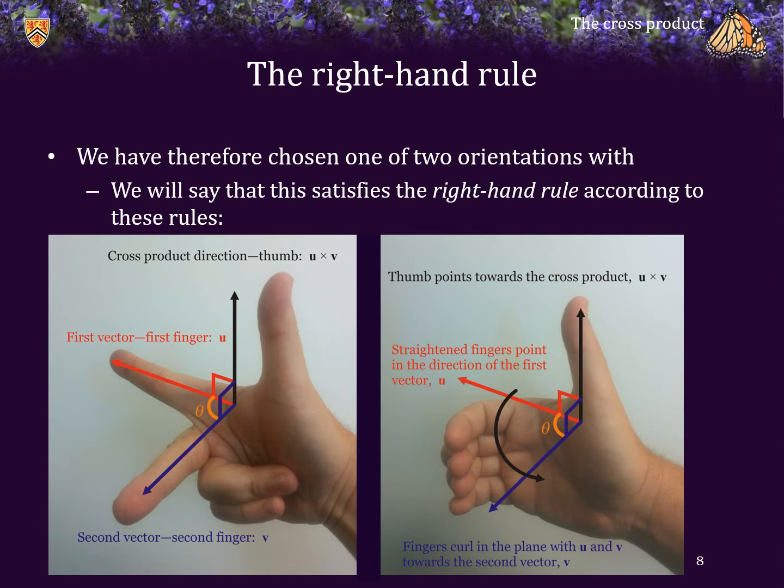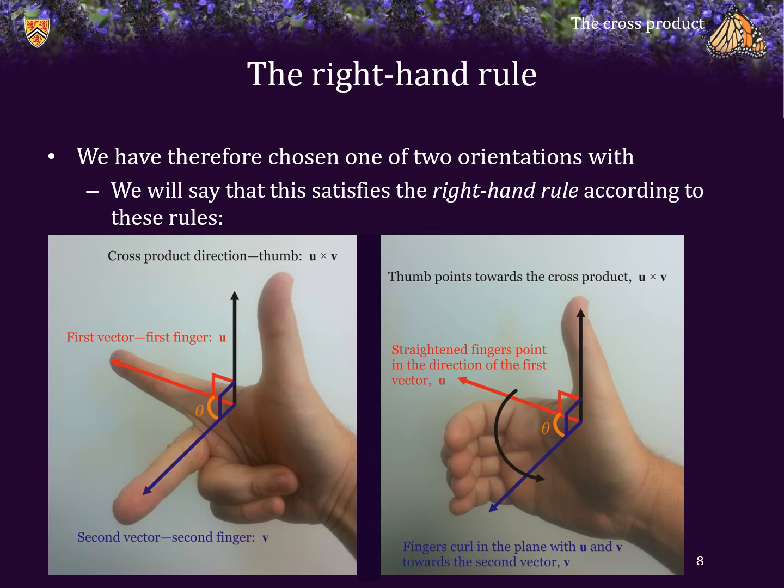If we have two vectors u and v, and the angle theta is the smaller of the two angles between u and v, one will be greater than 180 degrees, the other one will be less than 180 degrees. Choosing the angle that's smaller, if we point the index finger in the direction of u and the middle finger in the direction of v, then the direction of the thumb gives us the direction of the cross product.